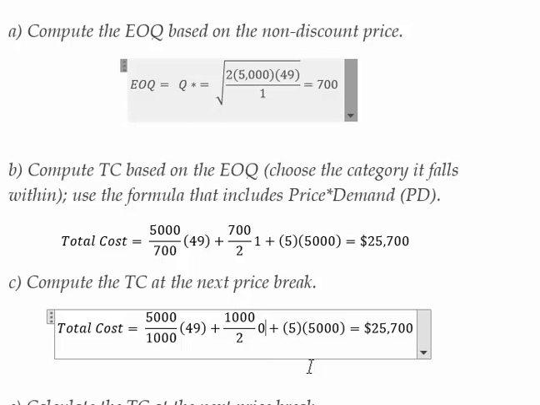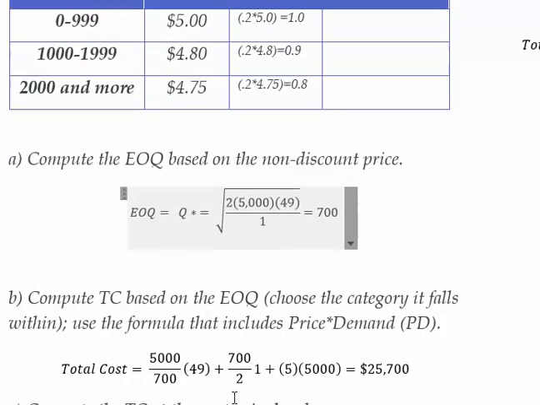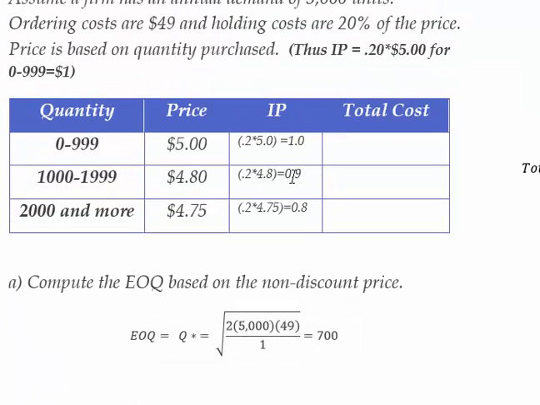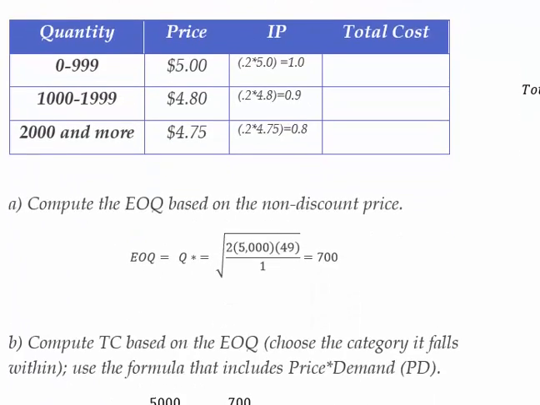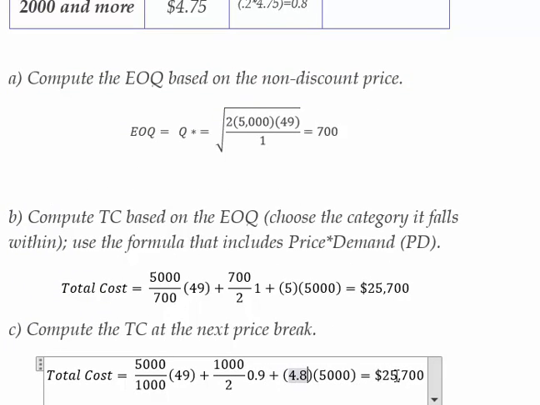Remember, up here we calculated it and we have 0.9 if we buy it for $4.80. And so right here, we're going to replace this 5 with 4.8, and that's going to change our cost. It's going to actually bring it down a little bit to $24,686. It doesn't go down a lot, but a little bit.